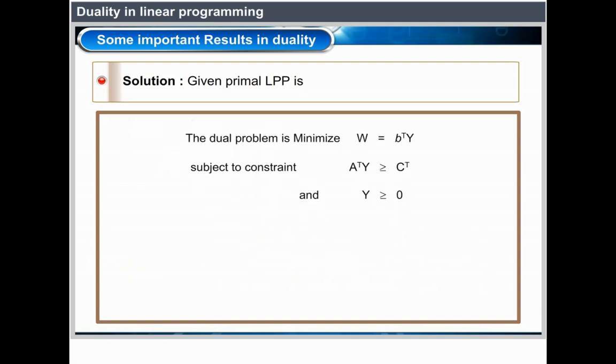The dual problem is minimize w equal to b transpose y, subject to the constraints A transpose y greater than or equal to c transpose and y greater than or equal to 0.